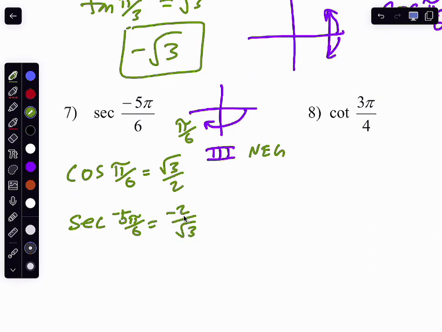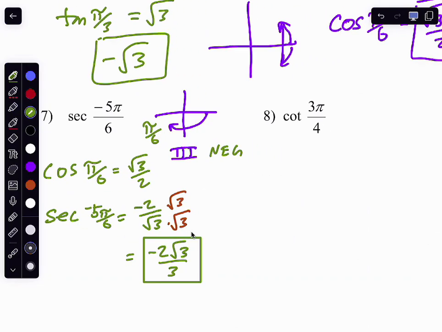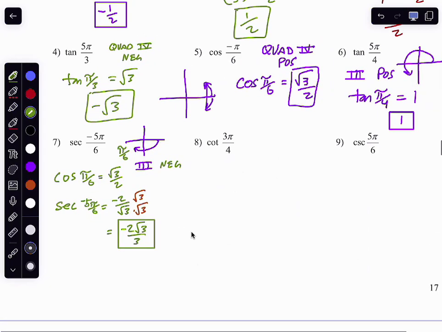Is this the answer then? Negative 2 over root 3? No, you got to get the radical out of the bottom. So it's the right answer, just not allowed to leave a radical in the denominator. Called rationalizing the denominator. Okay, do 8 and 9 on your own.